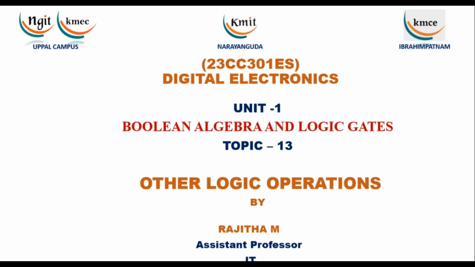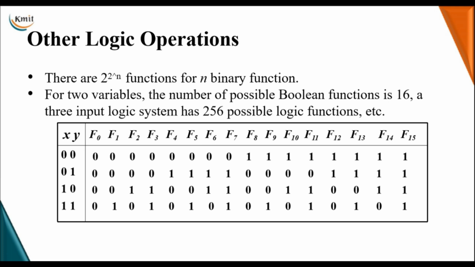In today's session, we take those three basic operations of logical gates, which are AND, OR and NOT. With the use of these three operations and only two variables, we can implement a total of 16 functions. So if the number of input variables is n, then the total number of functions we can obtain from those n input variables is 2 power 2 power n.